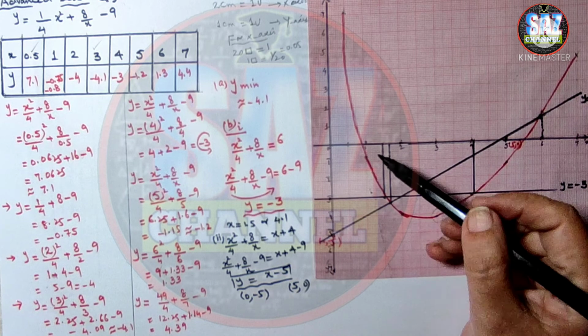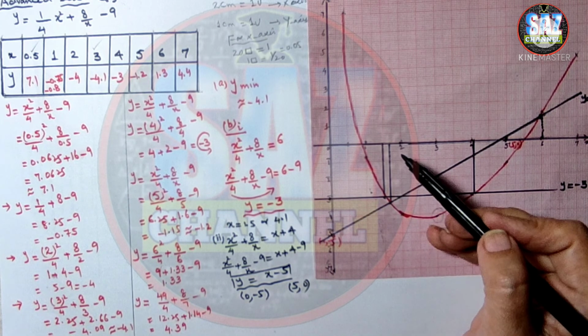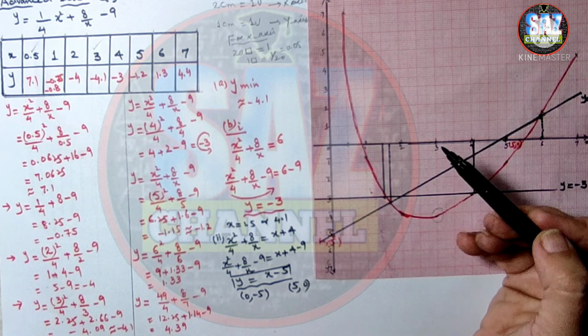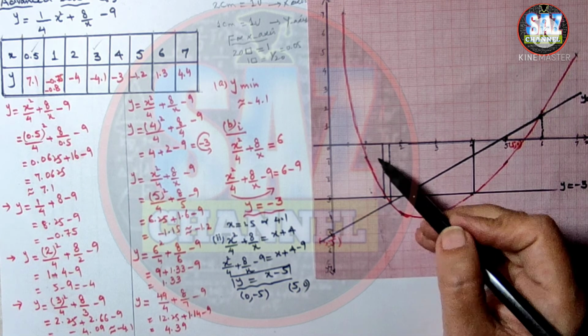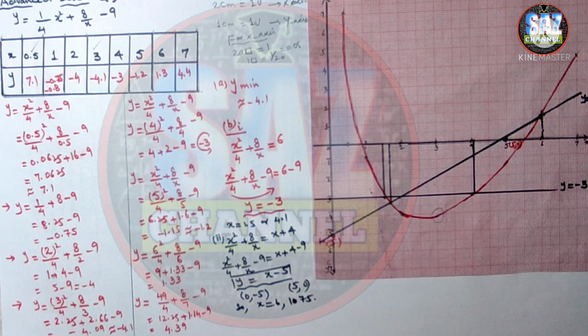So total blocks are 13 multiplied by 0.05 will give me 0.75. This is 1.75. So the two values are x equals 6 and 1.75. I hope you are clear about this part.